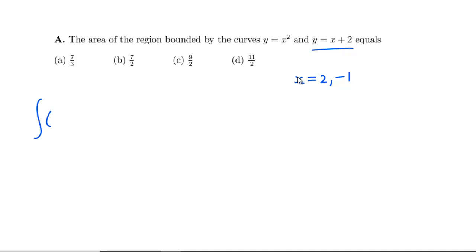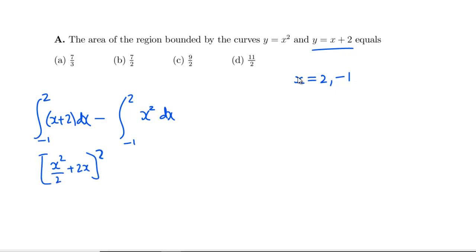So I'm going to have x plus 2 dx integrated from minus 1 to 2, and then I can take off the integral from minus 1 to 2 of x squared dx. So that's going to be x squared over 2 plus 2x, 2 to minus 1, take off x cubed over 3, 2 to minus 1. I'm going to have 2 plus 4 minus a half, and then plus another 2 on all of that.